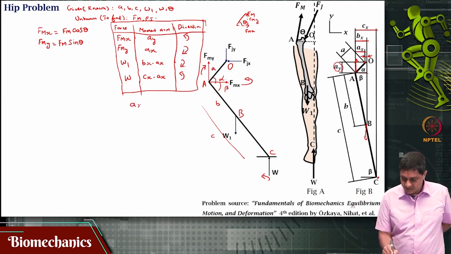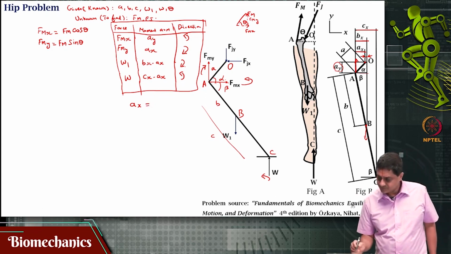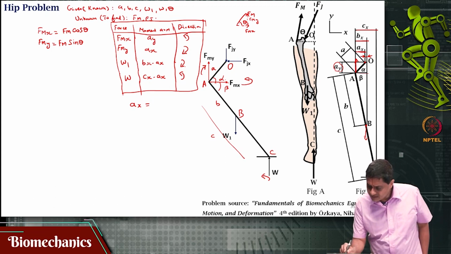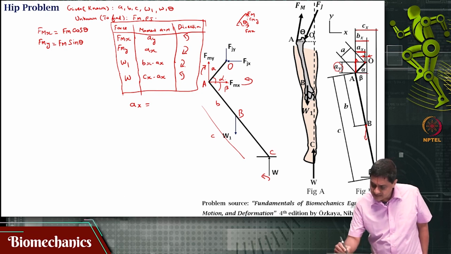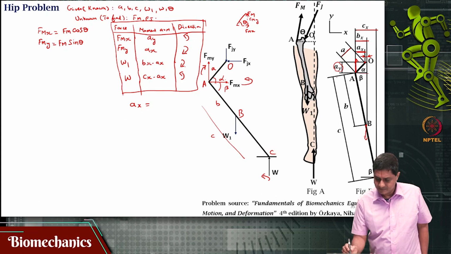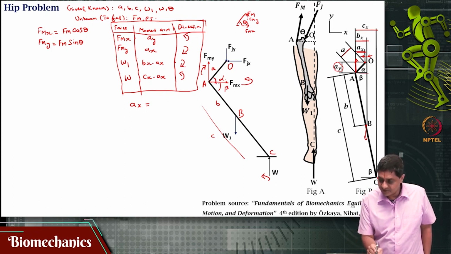So, the component Ax, what is Ax? If this is A, that is the distance between this. The corresponding angle is alpha, and I am interested in finding out that distance, that is Ax for me.